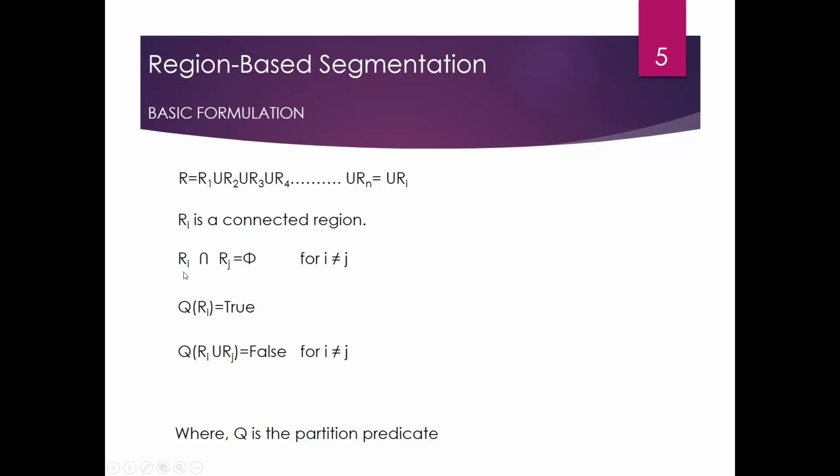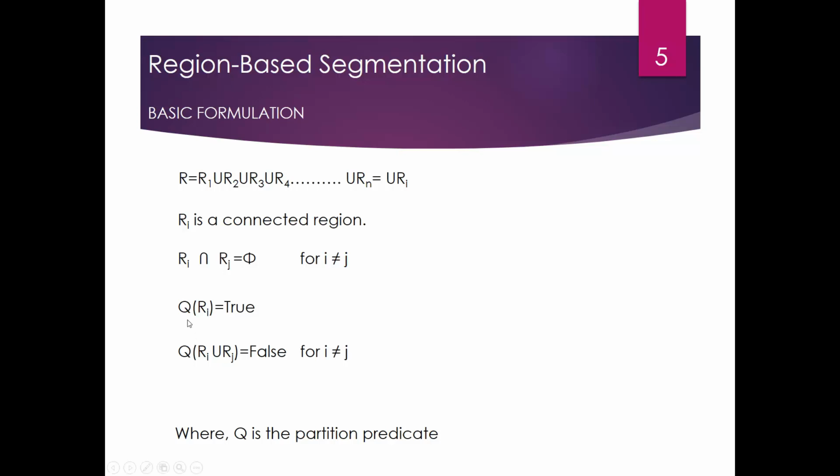The third point is Ri intersection Rj is phi, or null, for i not equal to j. The intersection of two subregions Ri and Rj should be null if i and j are not equal. That means if we take two partitions, say R1 and R2, they should be disjoint, with no common pixel.